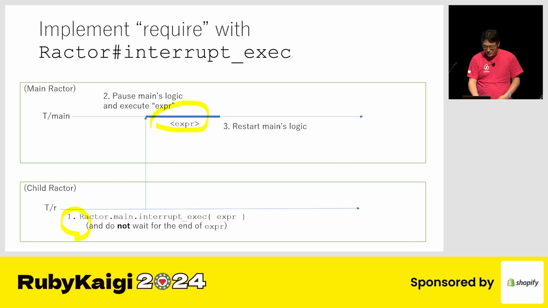After that, it restarts the main thread logic. The child Ractor doesn't wait for the result of the expression. After calling this method, the rest of the logic is run.